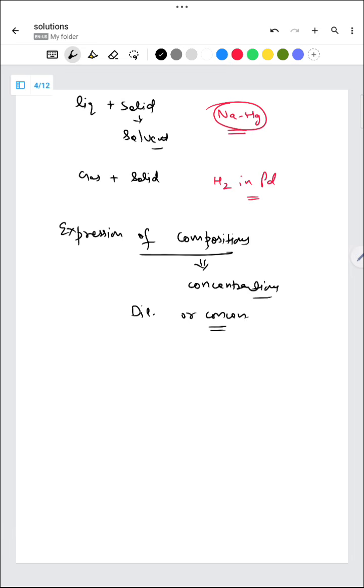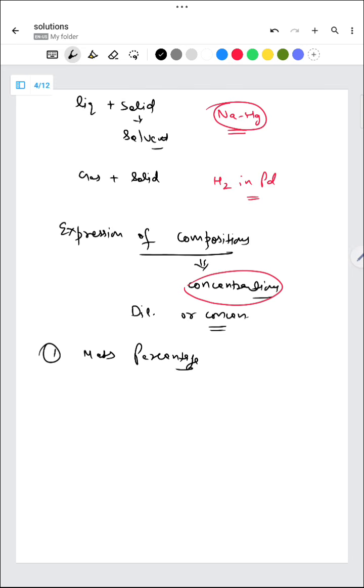So for expressing quantitative information of composition, we need some kind of expressions, and these expressions are termed as concentrations. So these concentration terms represent composition quantitatively. Firstly we will discuss mass percentage.